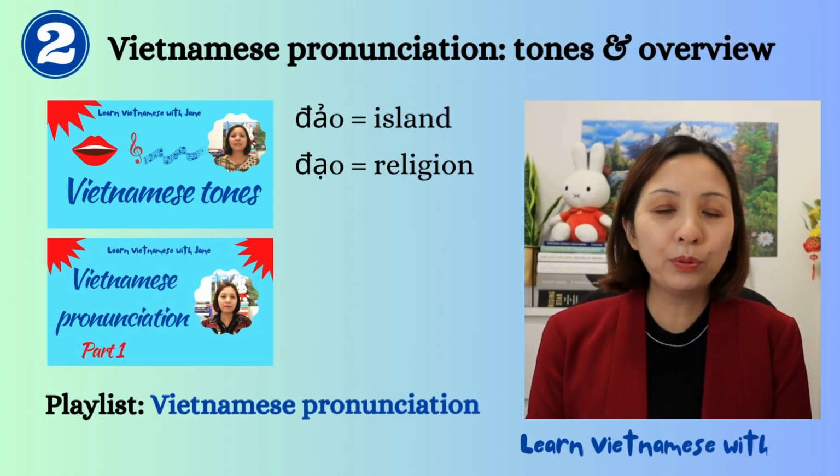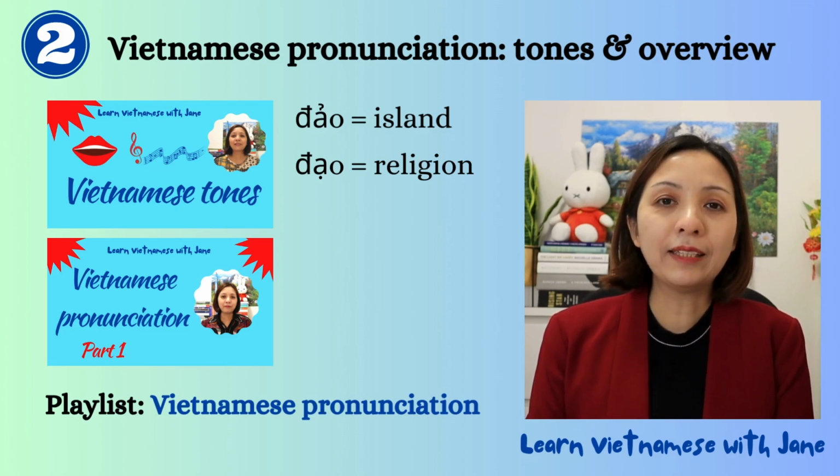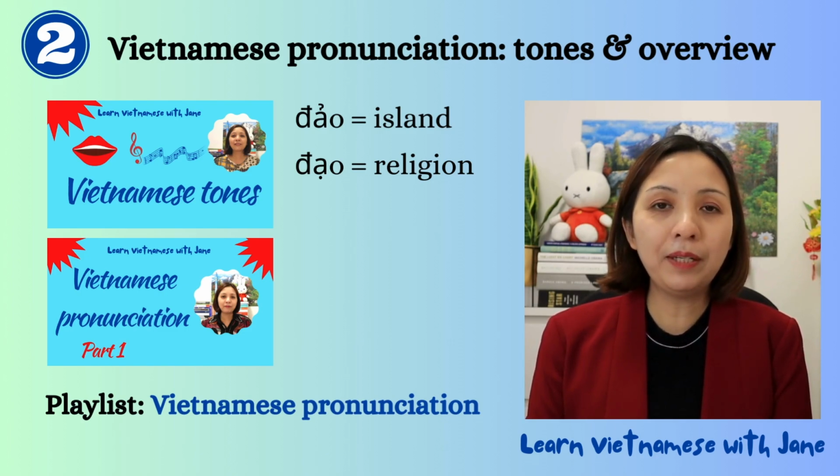Now step 2, you will learn about the Vietnamese tones and an overview about the Vietnamese pronunciation system. As you may know, Vietnamese is a tonal language. We use tones when we speak, and a word might have a different meaning if we speak with a different tone.